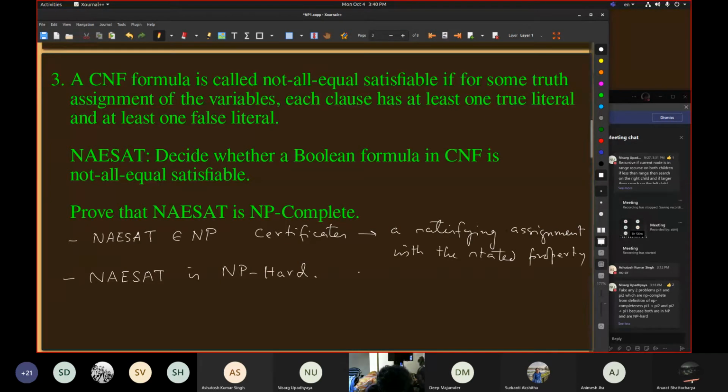Okay. So I will propose a polytime reduction from CNF SAT to not all equal SAT.